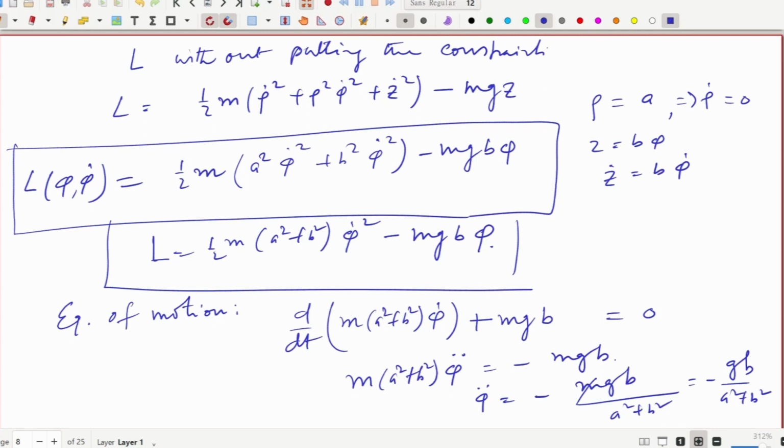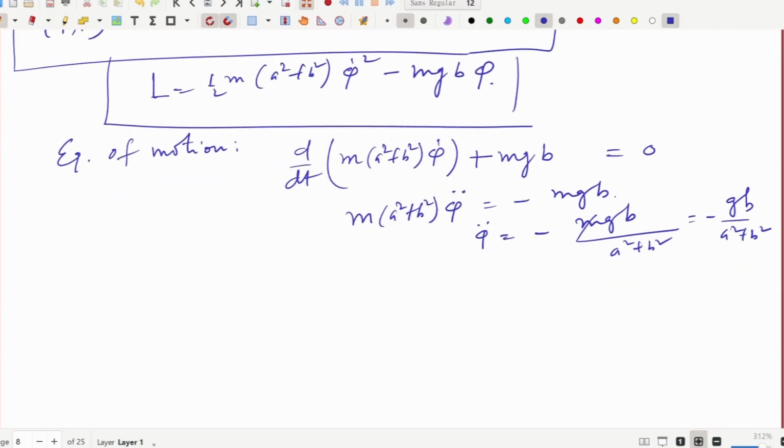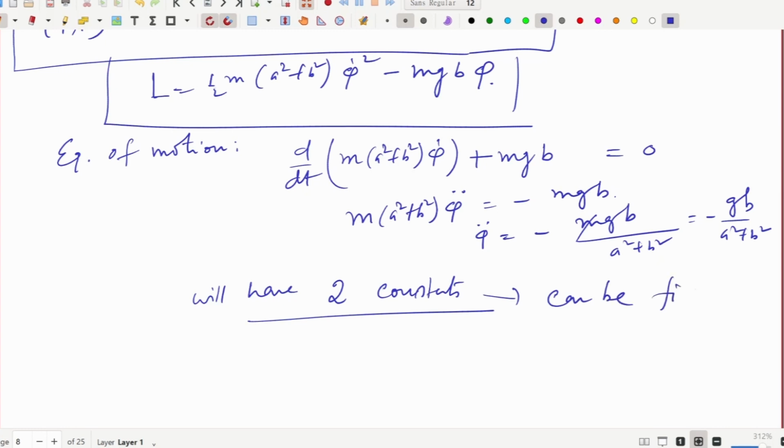And this is a simple differential equation. A second order differential equation will have two constants, and those can be fixed using the initial conditions given in the problem.